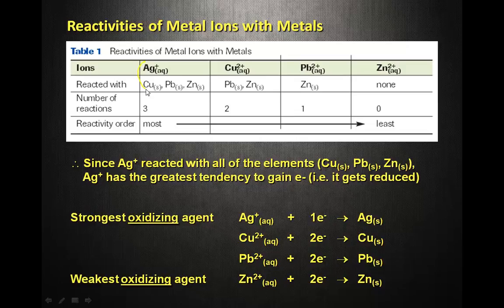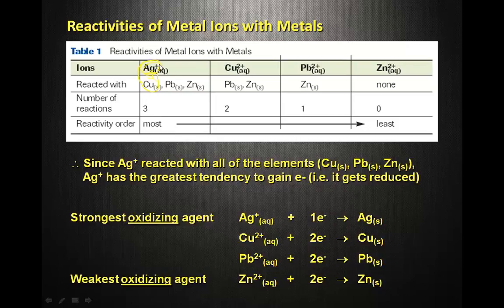This was the experiment we just talked about. So what happened, if you look above, copper was put into a solution of Ag+. Ag+ went up to copper solid and said, give me your electrons. And because there was a reaction, that means that copper gave up its electrons.